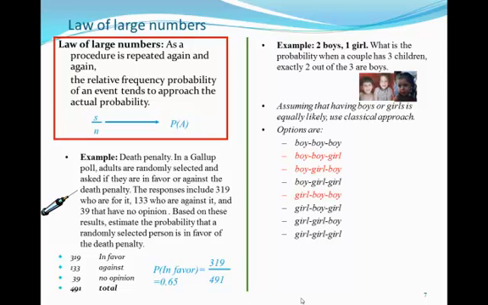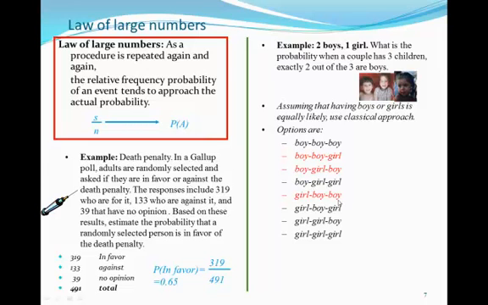The options are boy boy boy, boy boy girl, boy girl boy, boy girl girl, girl boy boy, girl boy girl, girl girl boy, and girl girl girl. So there are 8 options here. The outcomes that have 2 out of 3 boys are labeled in red: boy boy girl, boy girl boy, girl boy boy.